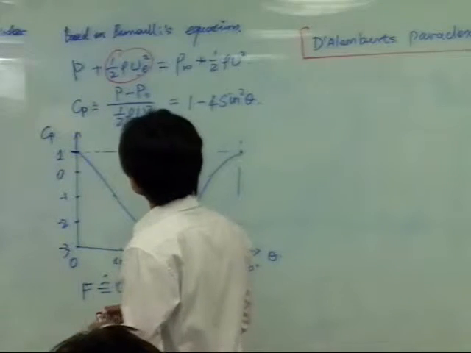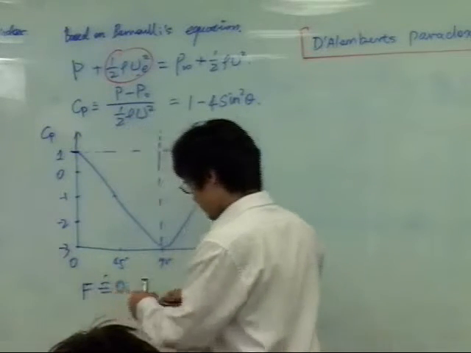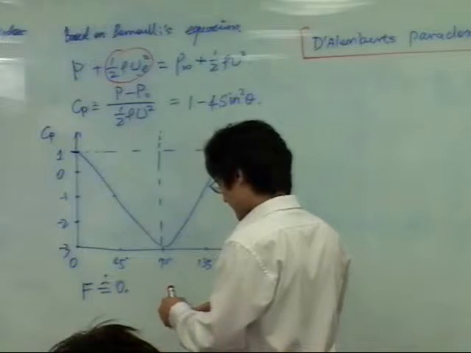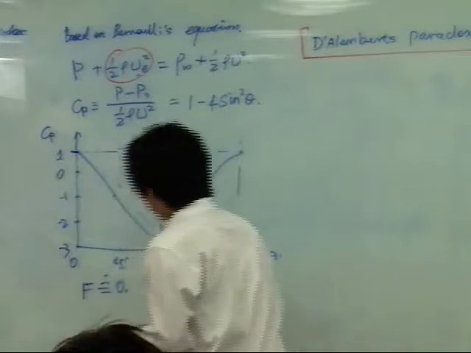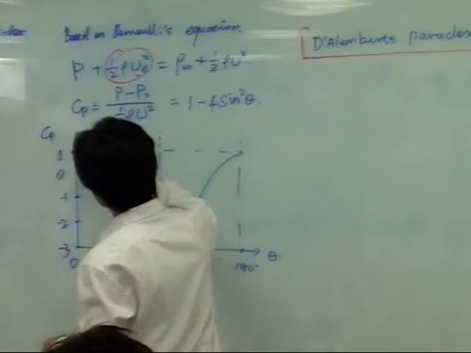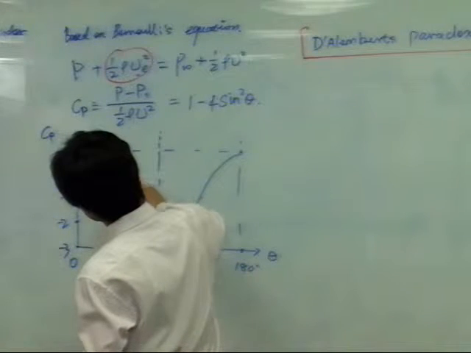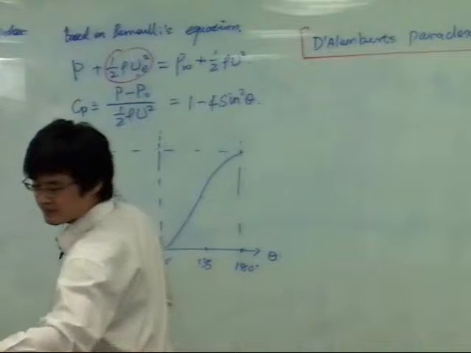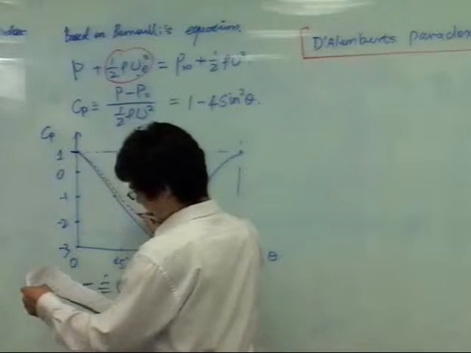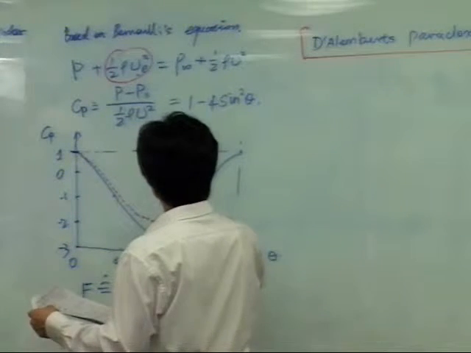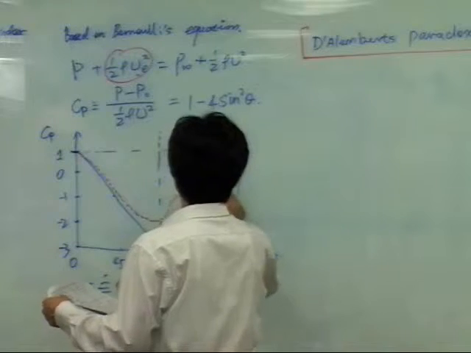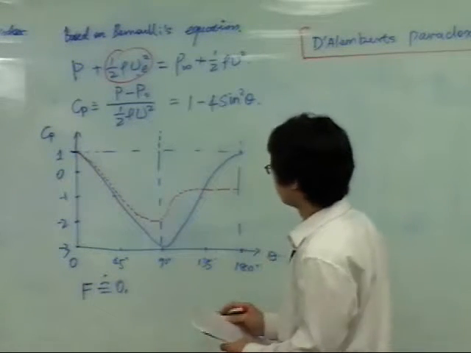So if we do a real measurement, we're going to end up with something like this for a given Reynolds number. The first half is relatively okay, but the second half is totally off.